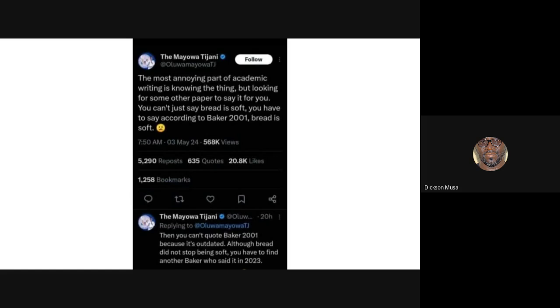You have to say, according to Baker, 2001, bread is soft. Then you can't quote Baker 2001 because it is outdated. Although bread did not stop being soft, you have to find another baker who said it in 2023. And this is very funny, makes a lot of sense.